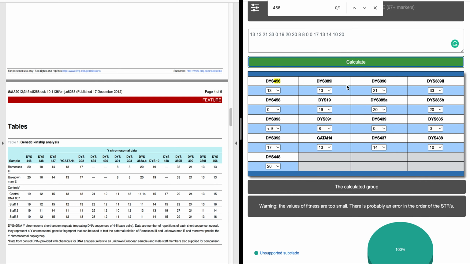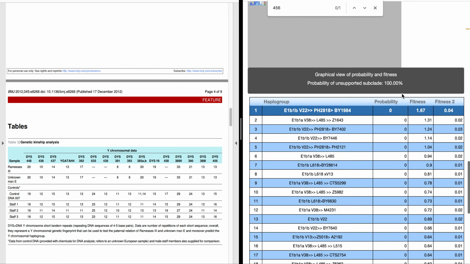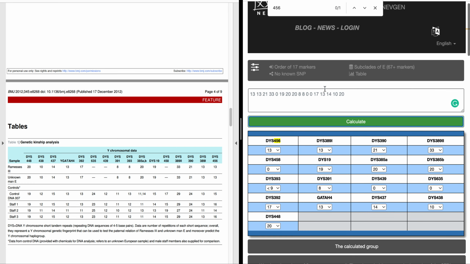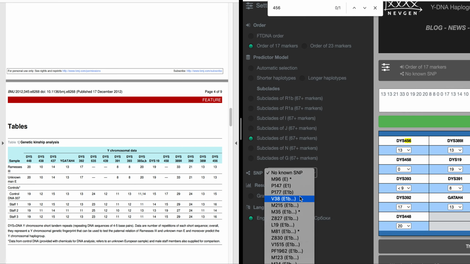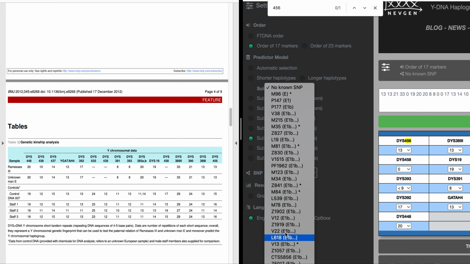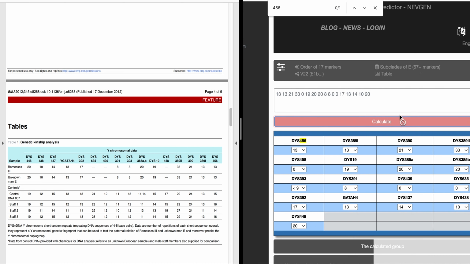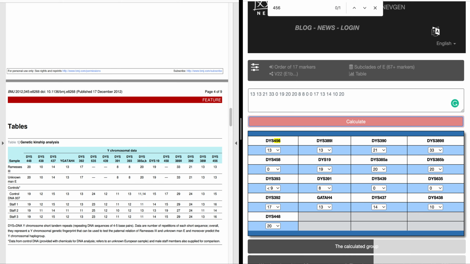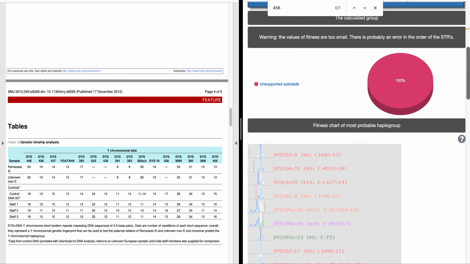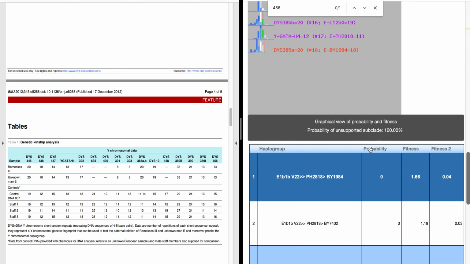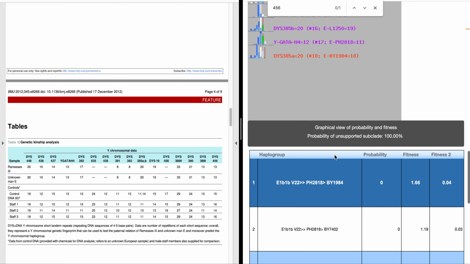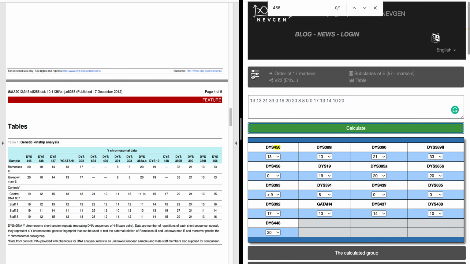It did not fall out. So since we have this probability, I'm going to run to see if it belongs to V22. Alright, so we see it's still 0 probability, so that's not the haplogroup.